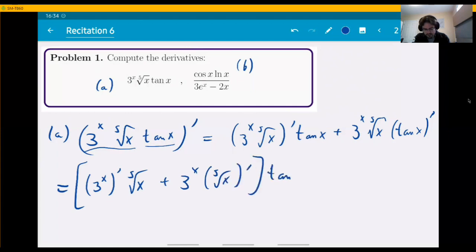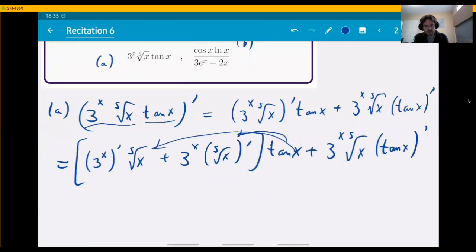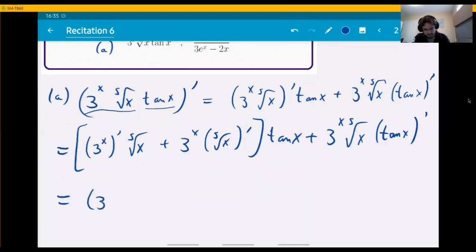The whole thing times tangent. That's the first term, and I'm just copying down the second term. But once you distribute this tangent right here into the first two terms, you see that what you're left with in the end is just the sum of three separate things. Like this.